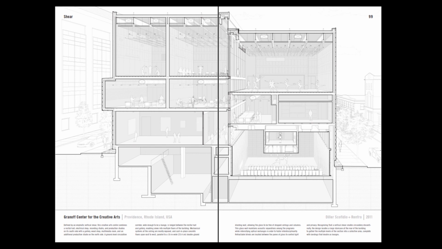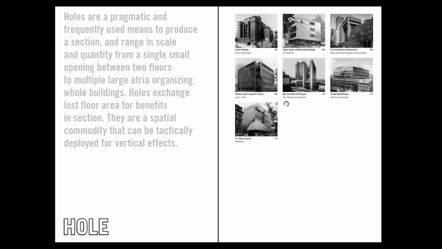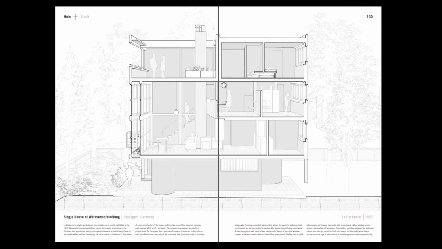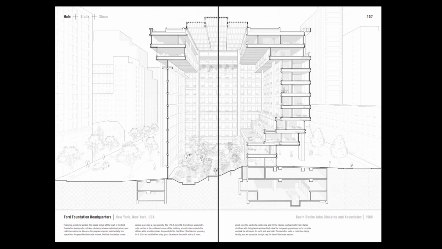The Granov Center for Creative Arts. Okay, hole. I'm assuming they mean this. And it's basically when you have a big atrium in the building. So maybe that's what they mean. Maybe not. This is, oh my god, this is perfect. I mean, look at this.